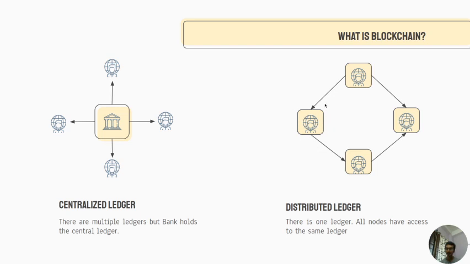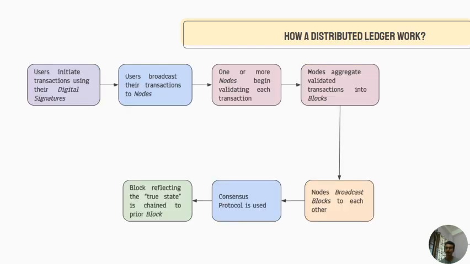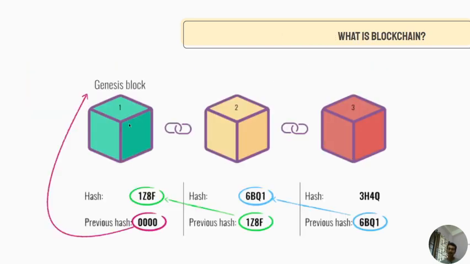So this node will create the block of information, and it will link to the blockchain. Now let us look at what a blockchain looks like. This is a simple diagram you see in front of your screen. The first block in the blockchain is called the genesis block, and later the blocks are linked one after the other in a linear manner.